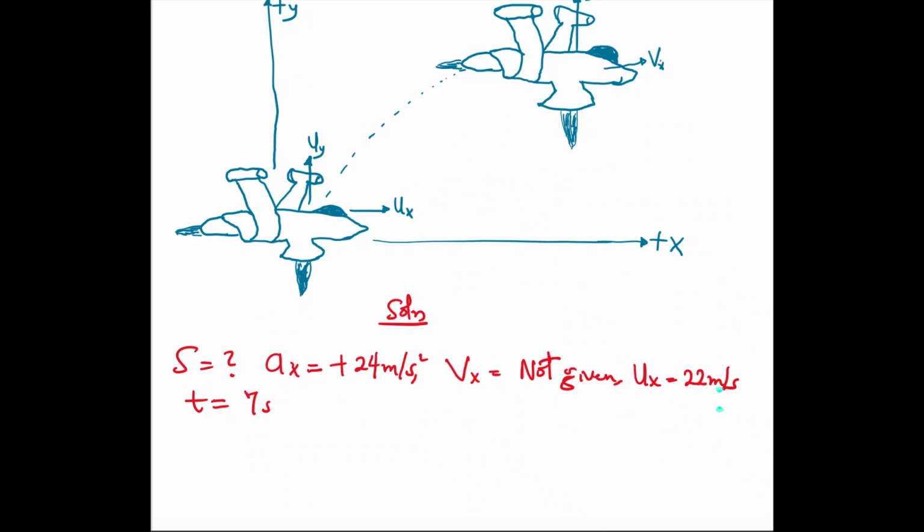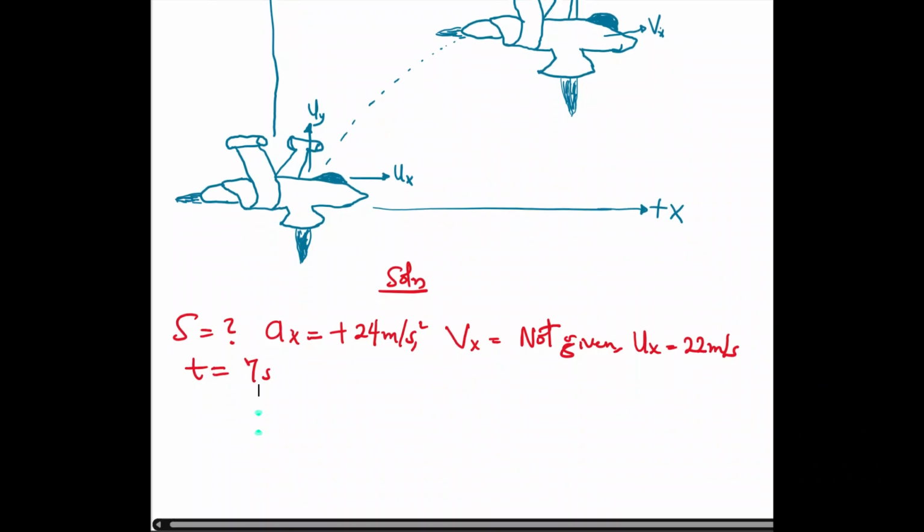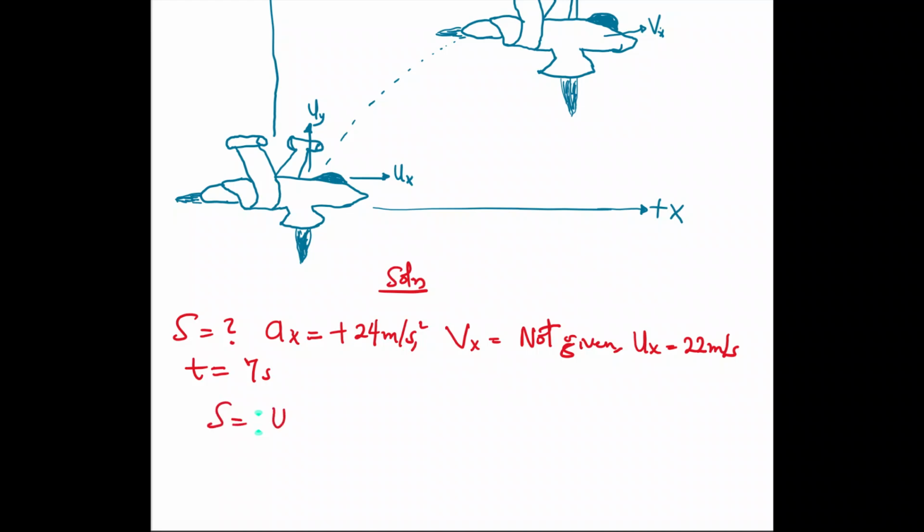The proper kinematic equation that is needed is s equals ut plus half at squared. So that will be x equals uxt plus 1 over 2 axt squared.